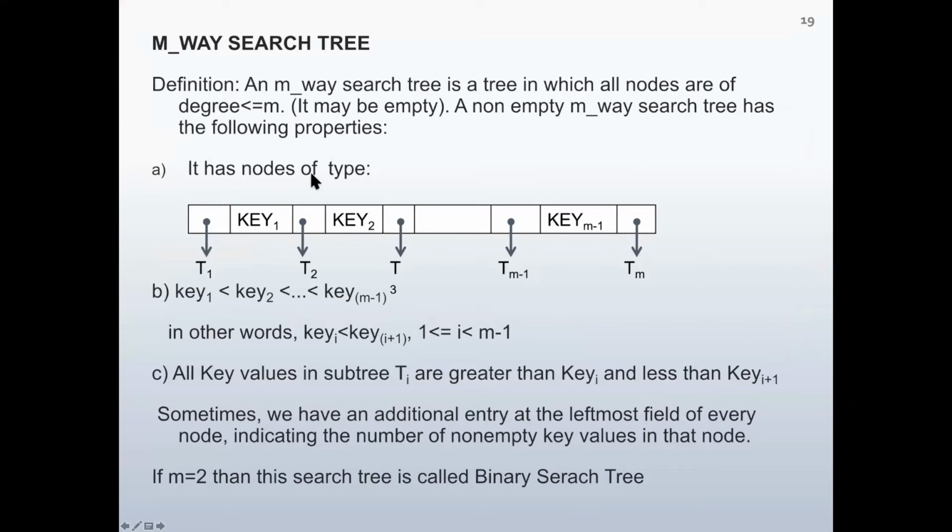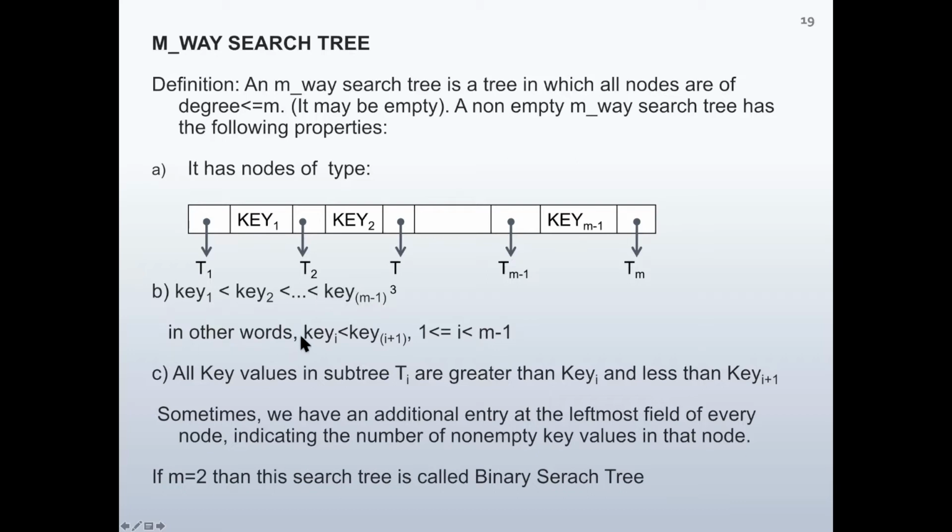It has nodes of this type. We have key fields and also link fields here. Link fields contain pointers to the node types. The key values stored in a node have the property such that key 1 is less than key 2 and then less than key n-1.